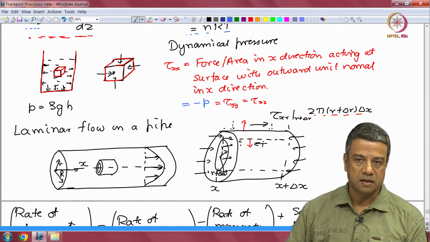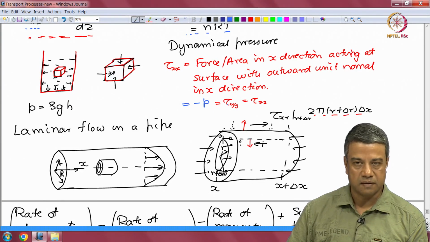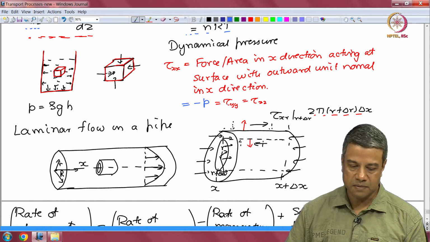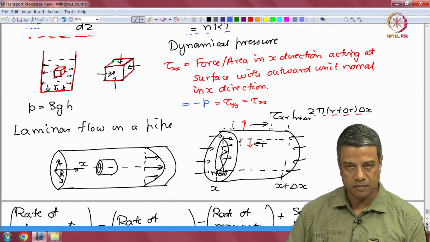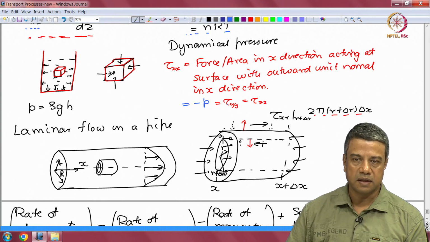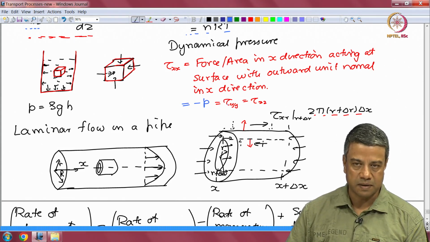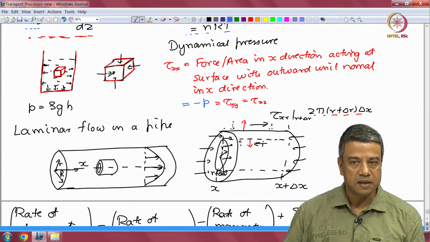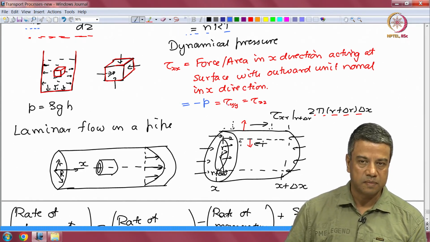I can add a constant pressure on both sides and the velocity in the pipe will not change. So, there is a difference between the dynamical pressure and the thermodynamic pressure. In this discussion, we will deal exclusively with the dynamical pressure. So, the pressure could be positive or negative. What matters is the pressure difference or the pressure variation with location.